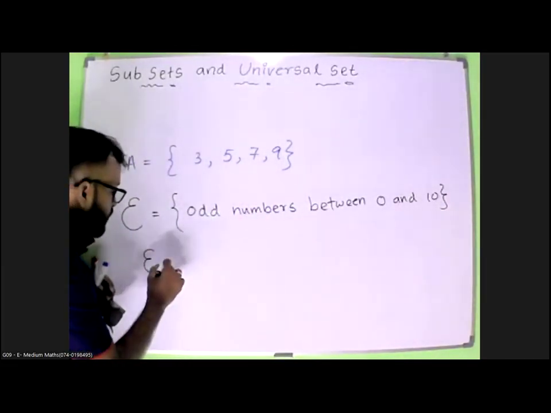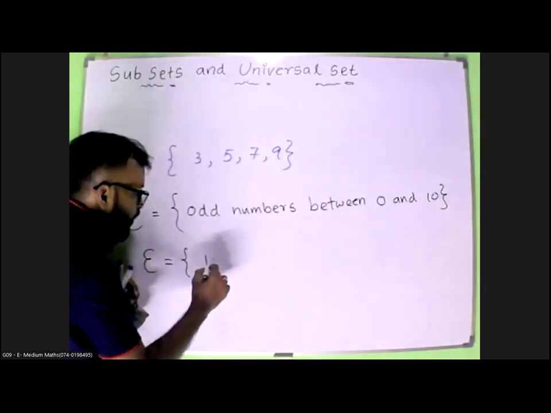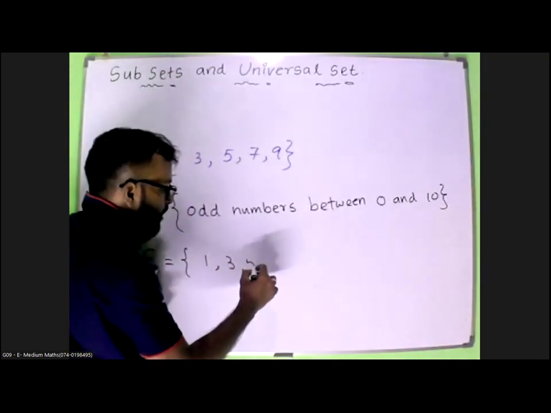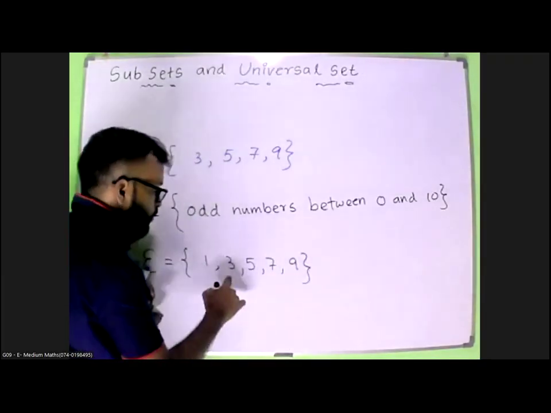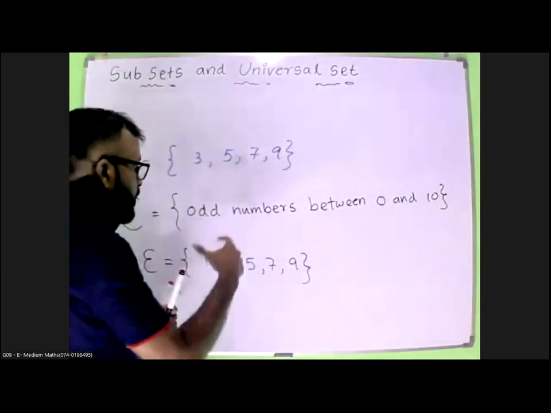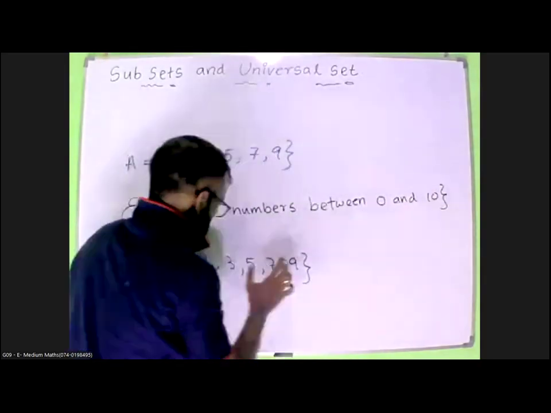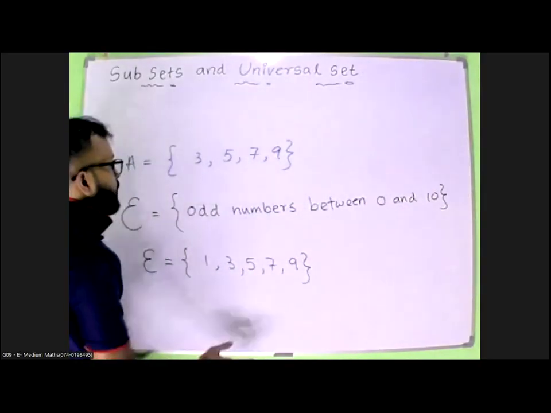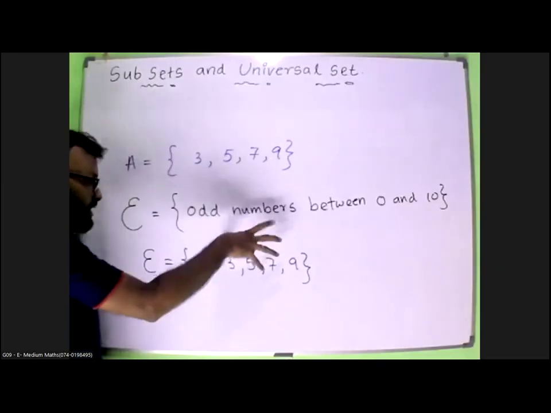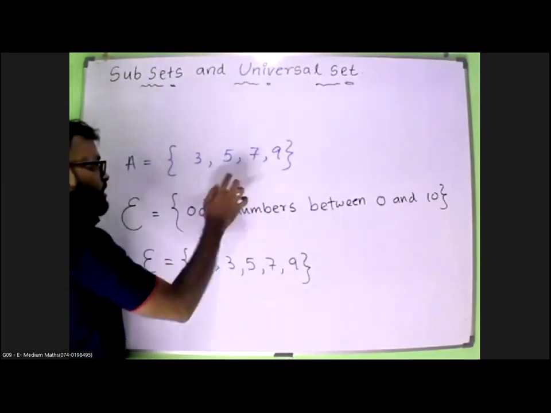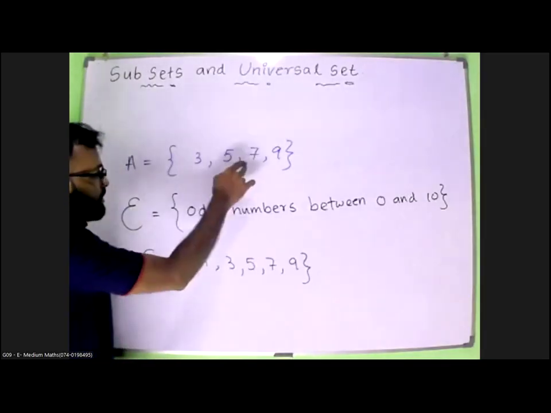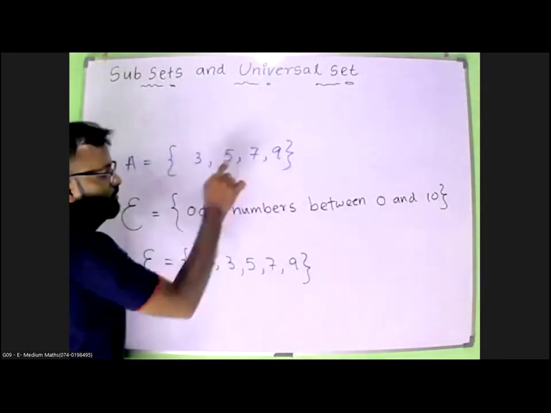That means my universal set is 1, 3, 5, 7, 9. So there are 1, 2, 3, 4, 5 elements. Odd numbers between 0 and 10. From this universal set, I have taken this A: 3, 5, 7, 9. 3 is here, 5 is here, 7 is here, 9 is here.